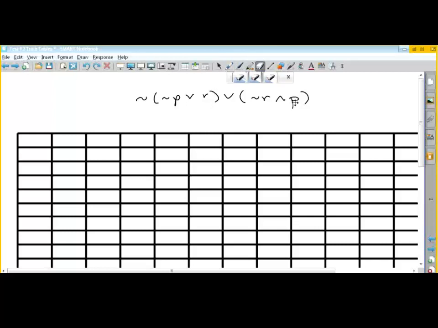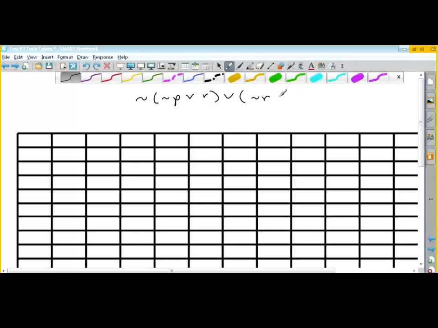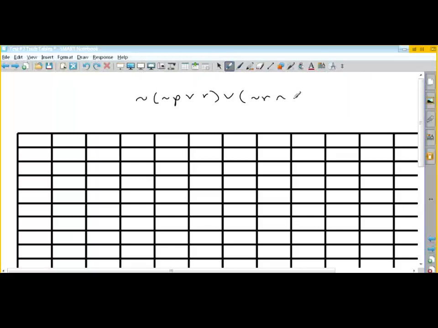I need to put a Q. Let's just put that there. So I'm going to change it.